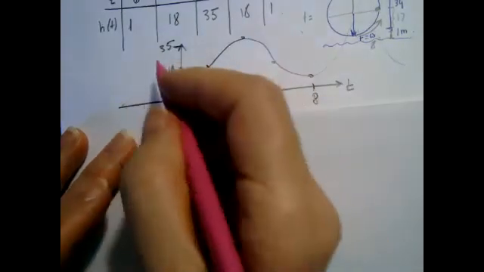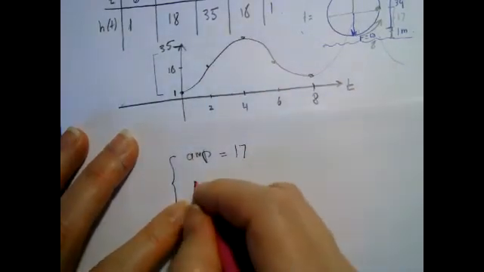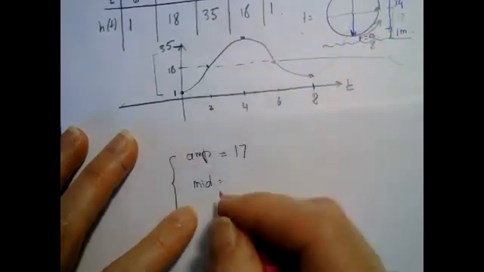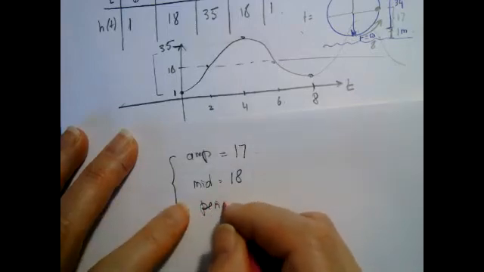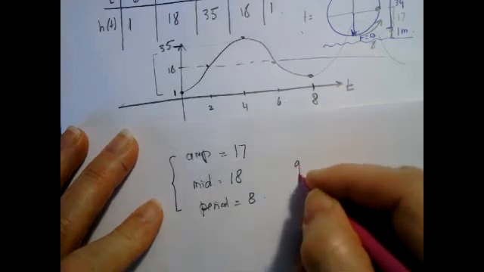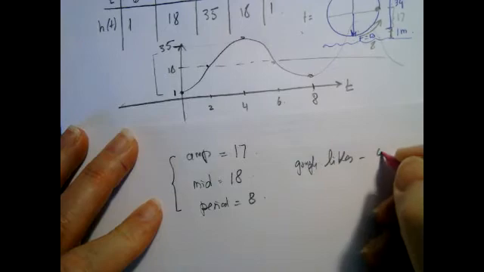So my amplitude is going to be halfway: 34, 17. Midline is going to be 18. Period is 8. The graph looks like minus cosine.